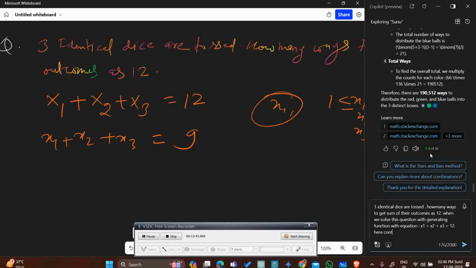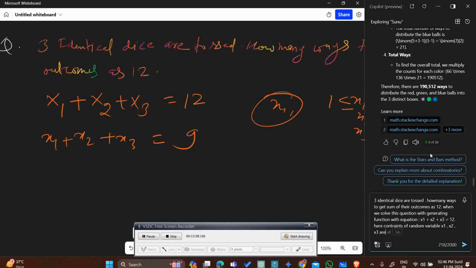Here the constraints of the random variables x1, x2, x3 are 1 less than or equal to xi less than or equal to 6.